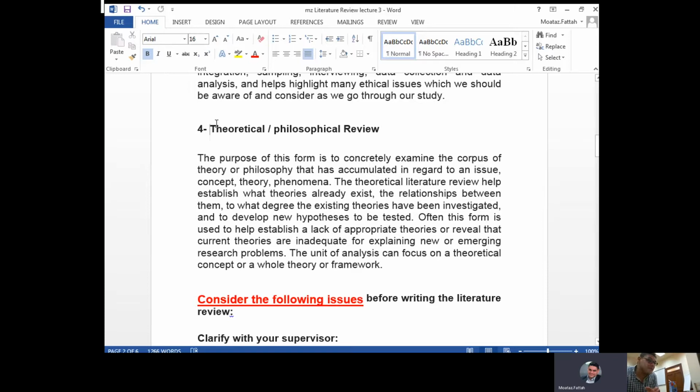But here, basically you are doing the same thing in two different hats. One, reviewing the past, and the second, reviewing modern scholarship, but this is you doing that, not research done by others. So theoretical and philosophical review suits best people who choose their topics within the field of political thought, political theory, political philosophy.